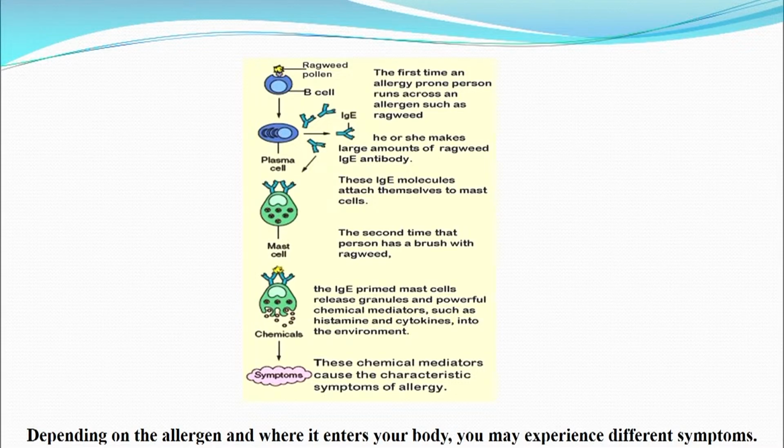When the person is exposed to ragweed again, these IgE-sensitized mast cells release granules and potent chemical mediators such as histamine and cytokine into the surrounding tissue, and these substances trigger the typical symptoms of allergic reactions.